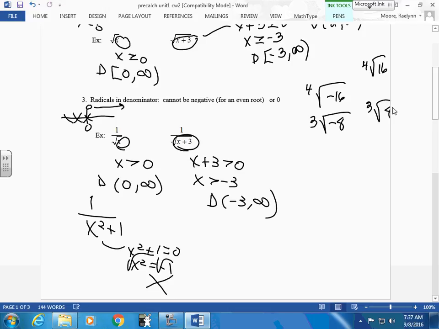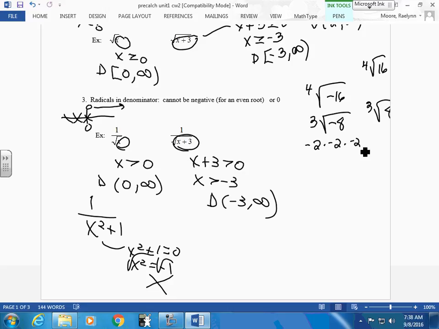What's the cube root of 8? 2. So there's an invisible line here that I just keep hitting. So 2 times 2 times 2. What about negative 2 times negative 2 times negative 2? Negative 8. So I can take an odd root of a negative number. So my odd roots have no domain restriction. My even roots will have domain restrictions.